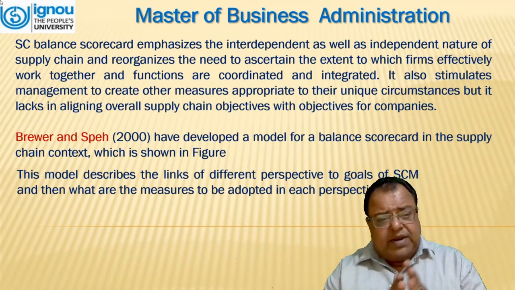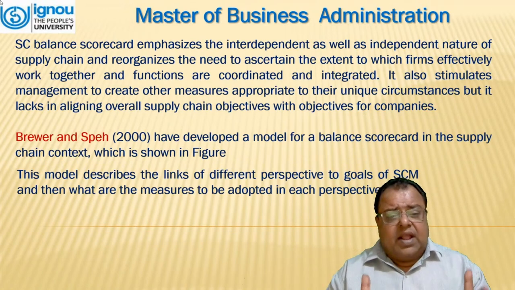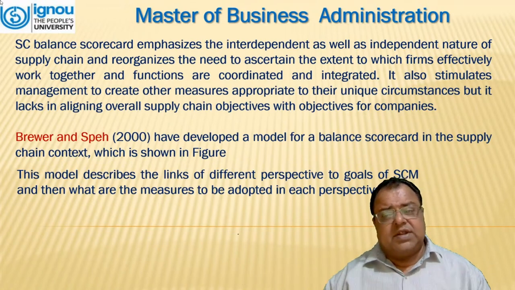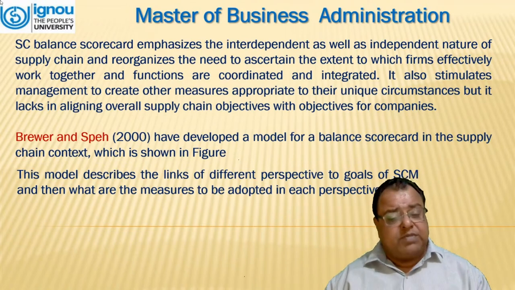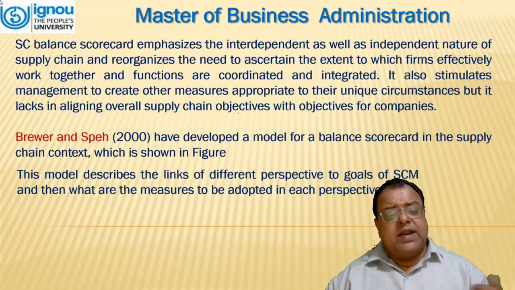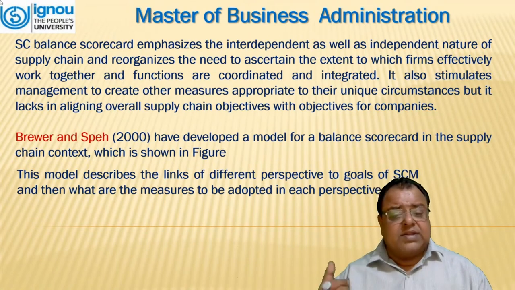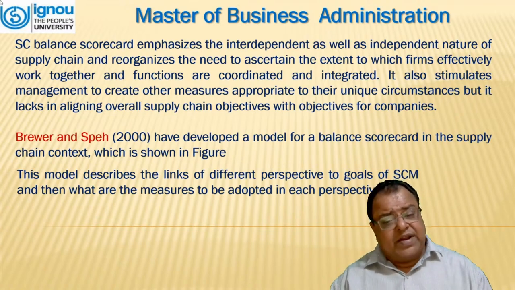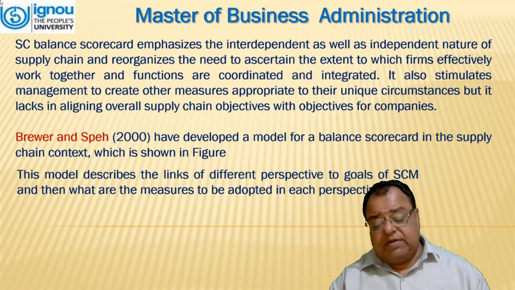It also stimulates management to create other measures appropriate to their unique circumstances, but it lacks in aligning overall supply chain objectives with objectives for companies. Brewer and Speh have developed a model for a balanced scorecard in the supply chain context. The model describes the links of different perspectives to goals of SCM and then what the measures to be adopted in each perspective are.